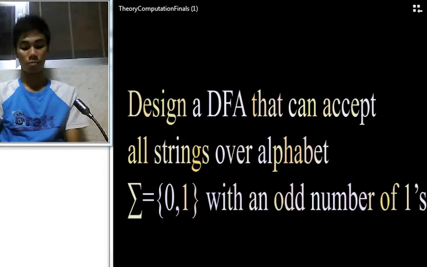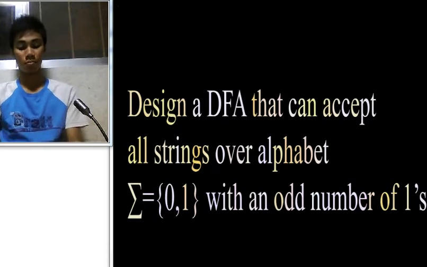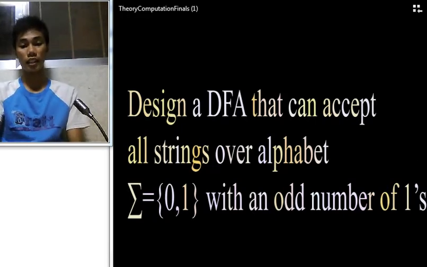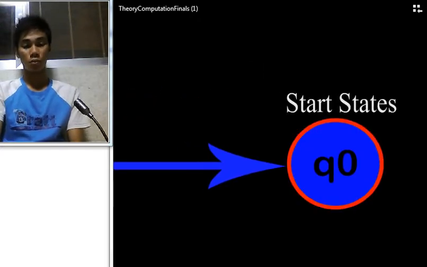of 1. In this problem, the string should have an odd number of 1 to accept, but if it is an even number, the machine should reject it. Now in our designing, our start state is Q0.